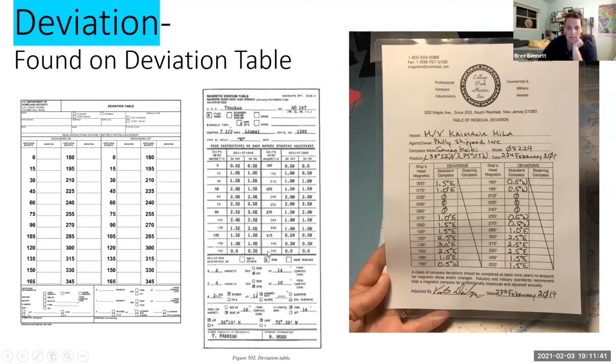Their example is this one. And then I took a picture of the deviation table on board my husband's vessel. So that's more of a commercial style deviation table, but they're all pretty much the same. It's going to say what your ship's heading is, and then what deviation is for that ship's heading.